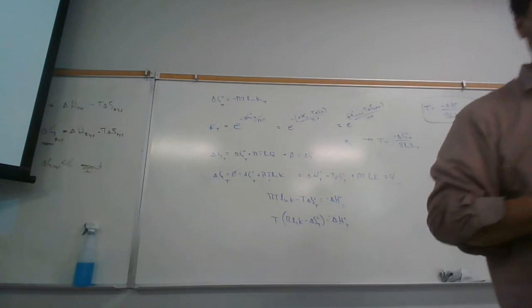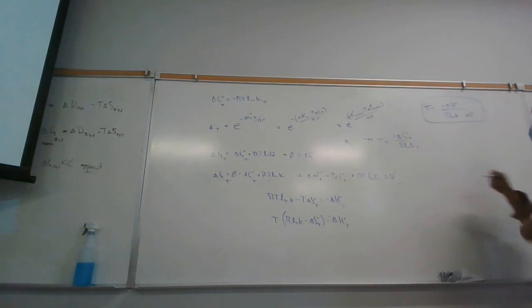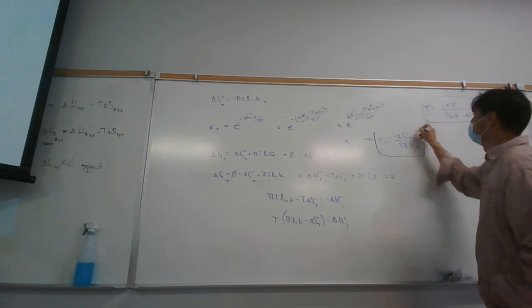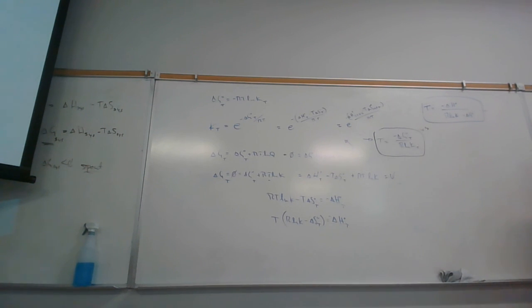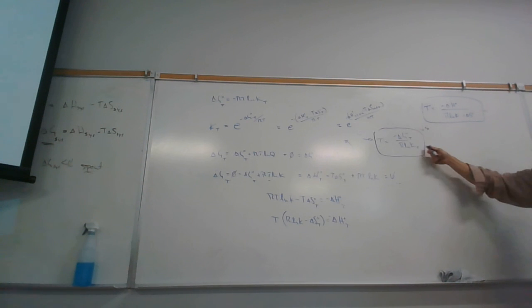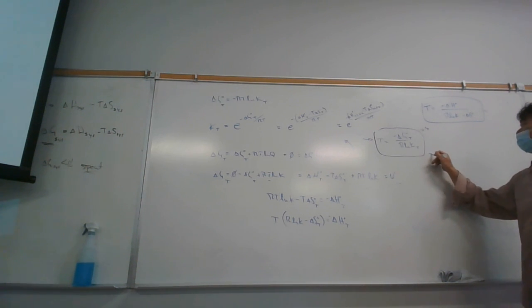And so compare these two equations here. If I compare this equation versus this equation, why are they different? Well, maybe this one I just need delta H and delta S, but this one I just need delta G at temperature T. This one turns out to be impossible to solve.